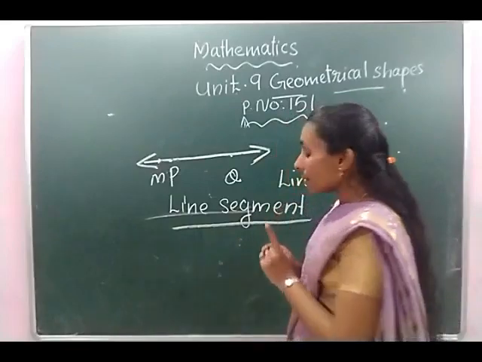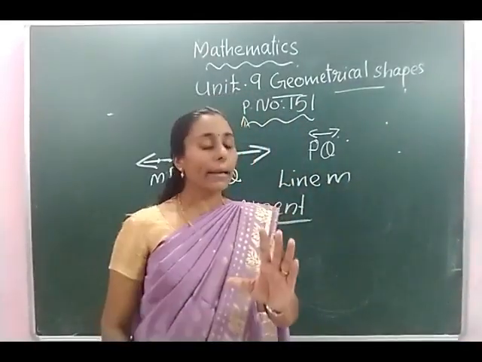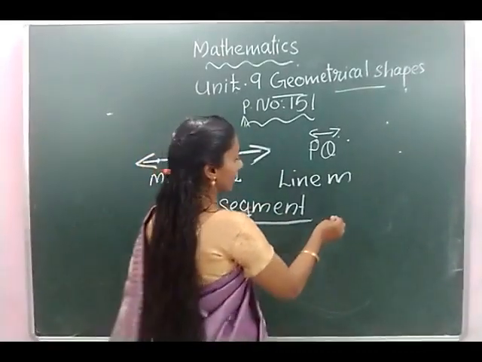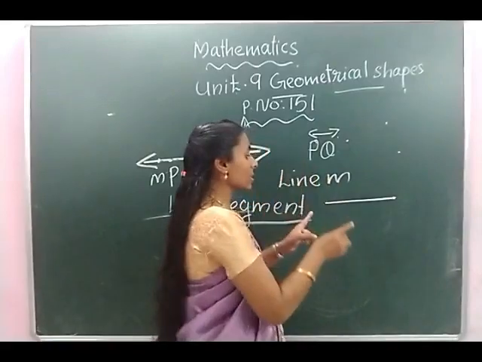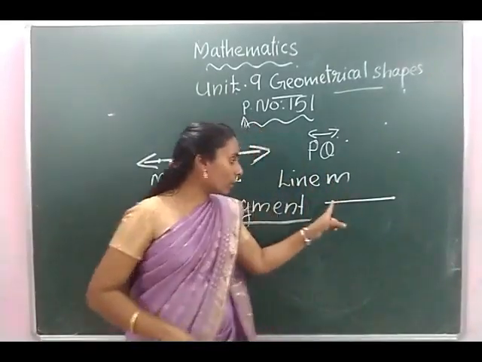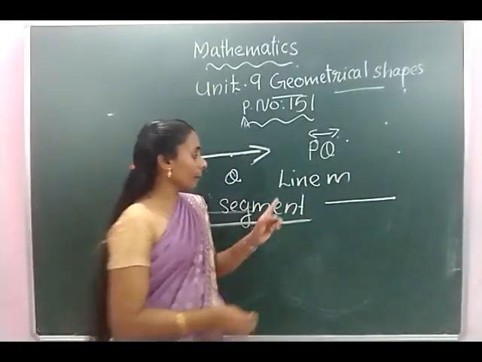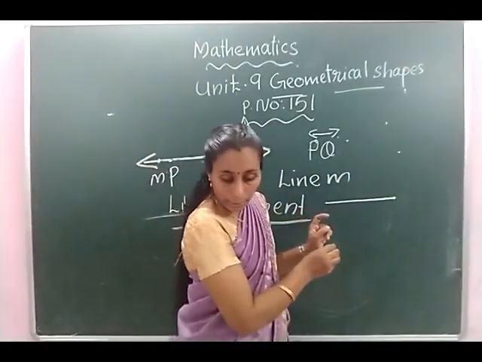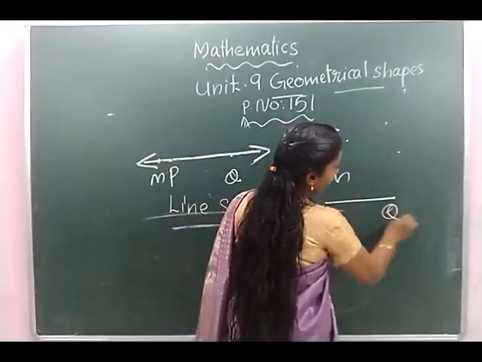And a line segment has a starting point and an ending point, because since it is a part of a line, it has a starting point as well as an ending point. Here, line segment AB or line segment PQ.